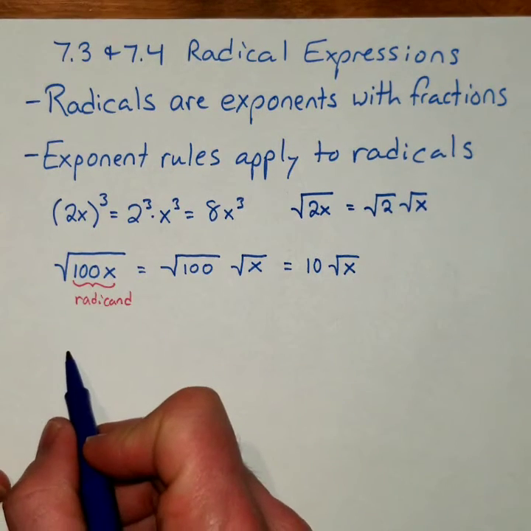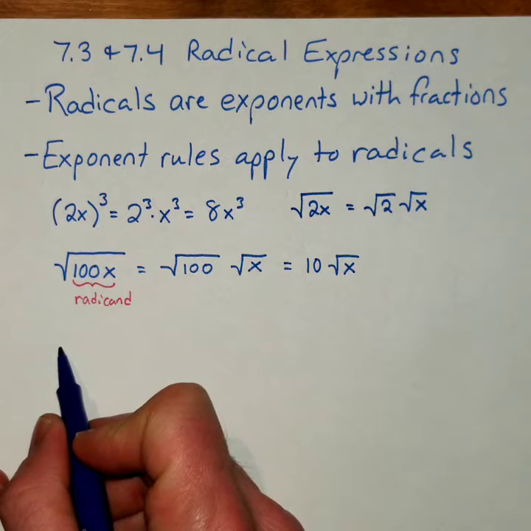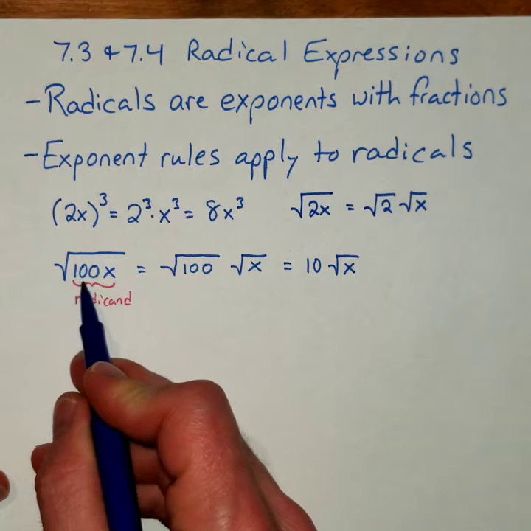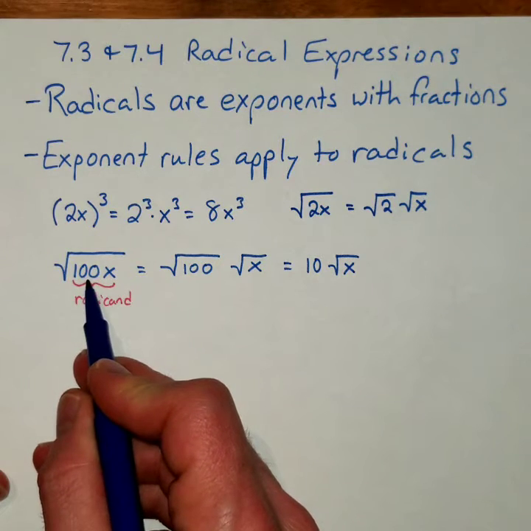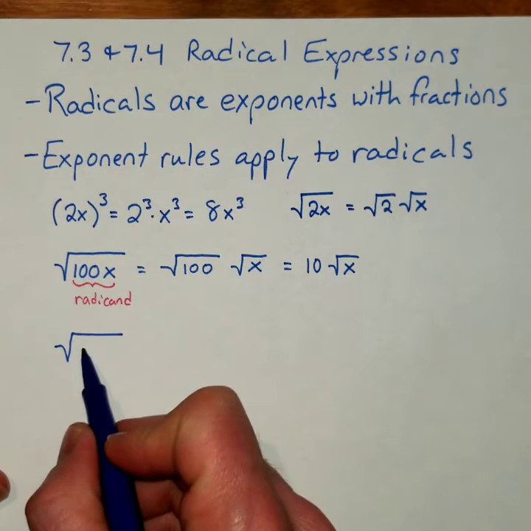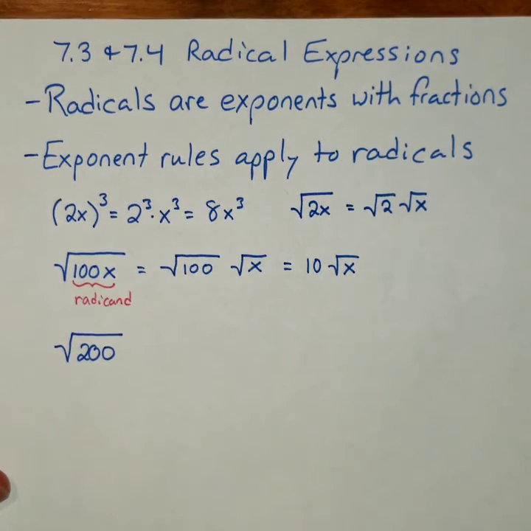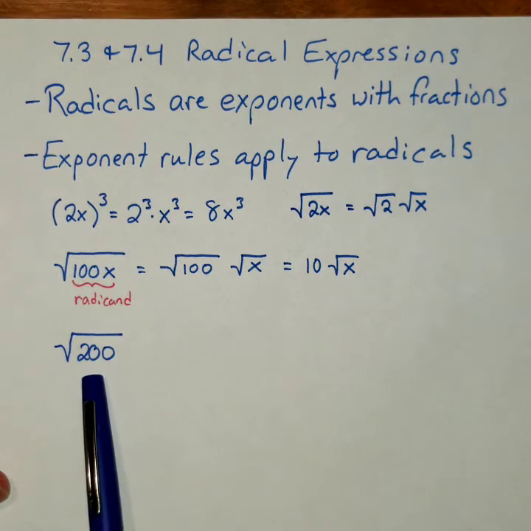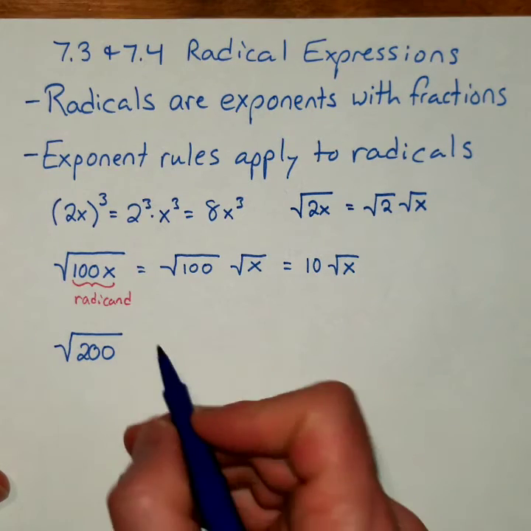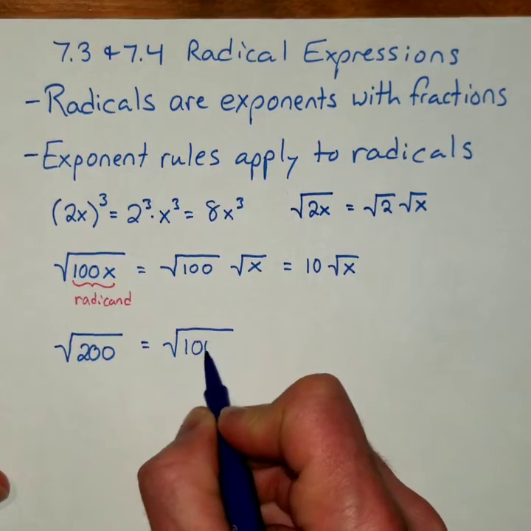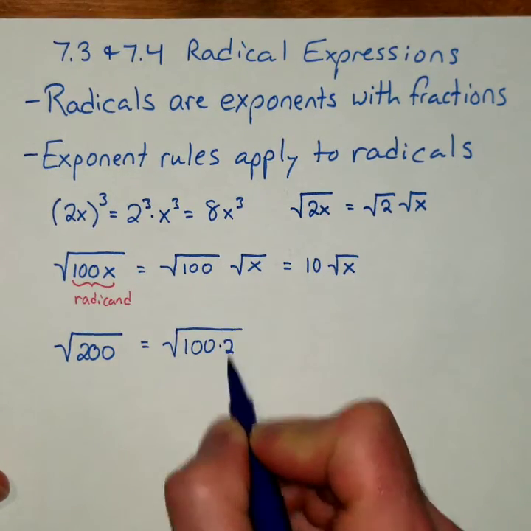What's interesting is when you look at numbers, this was kind of unique because you had an x in there and it was obvious what the square root of 100 was. But let's say you wanted to look at the square root of 200. Well, 200 is kind of like 100x, because 200 is 100 multiplied by 2.